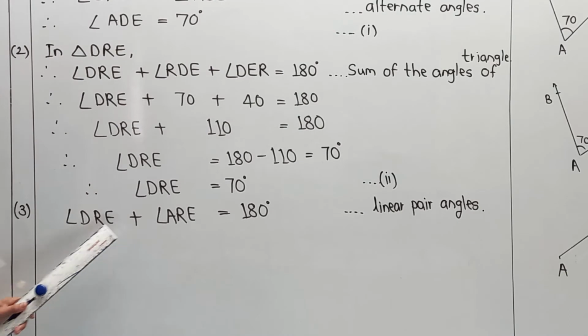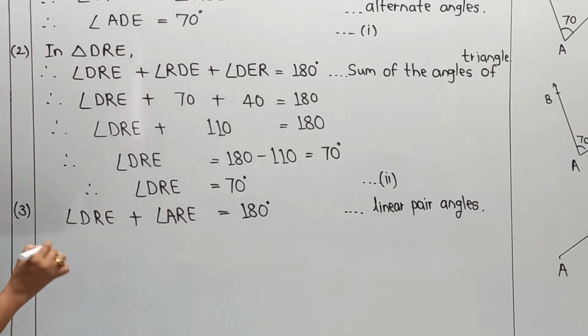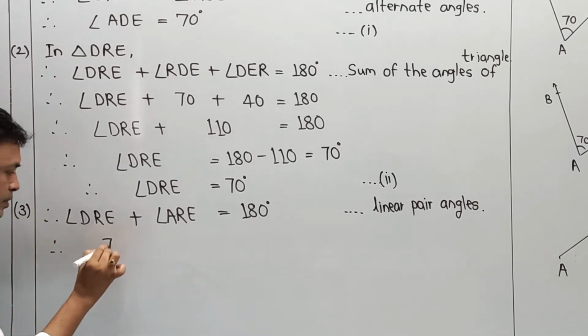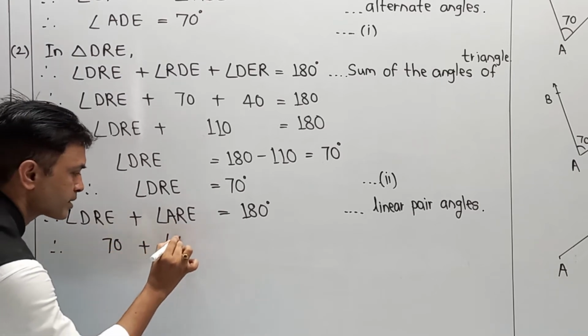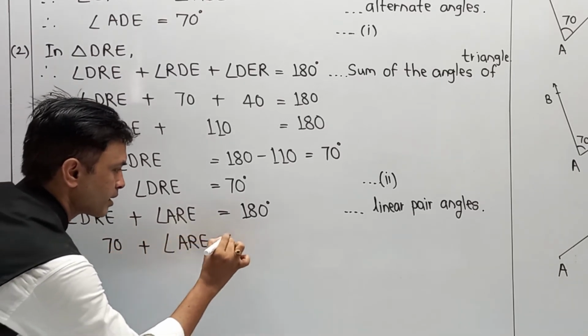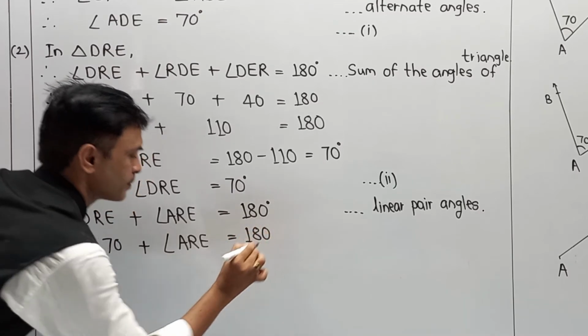Now angle DRE that we have recently calculated is 70 degrees. So 70 degrees plus angle ARE is equal to 180 degrees.